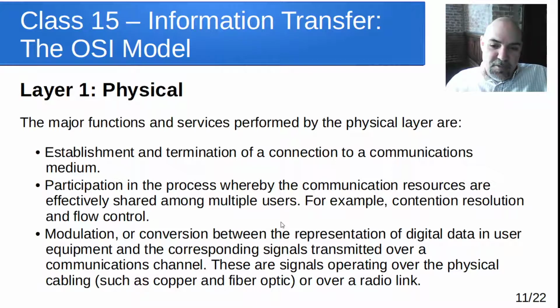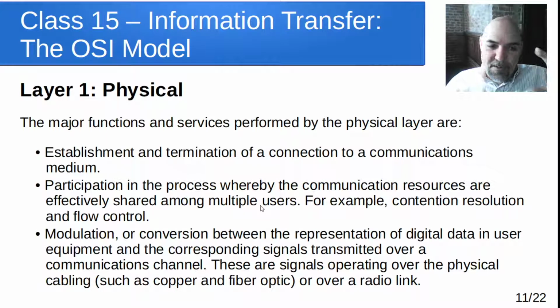So those are signals operating over that physical cabling. Could be copper, could be fiber optic, could be radio link. There's a lot of different ways that could be sent. But the idea there is, what is the modulation process? How do you encode the data on that channel? That's part of the physical layer as well.